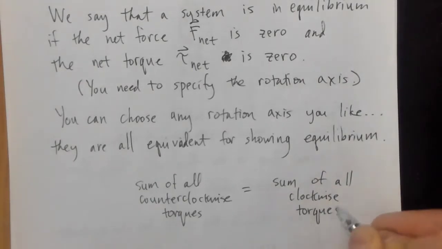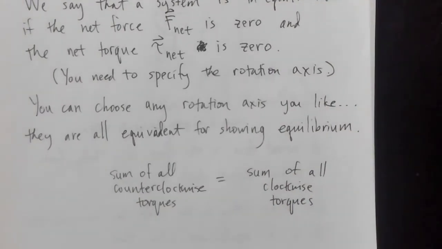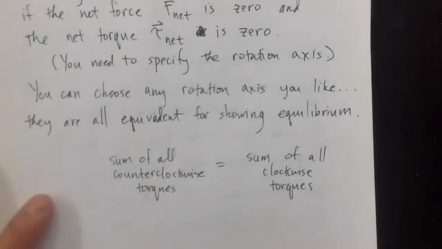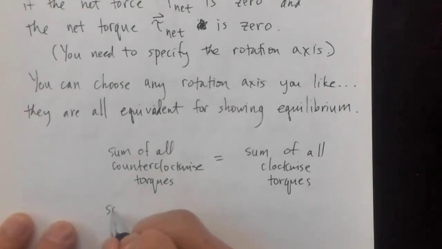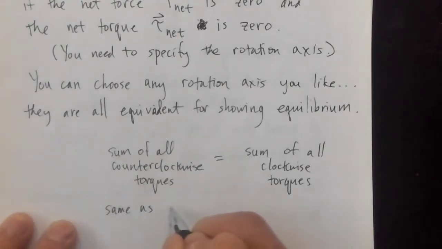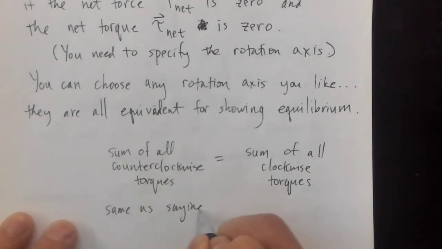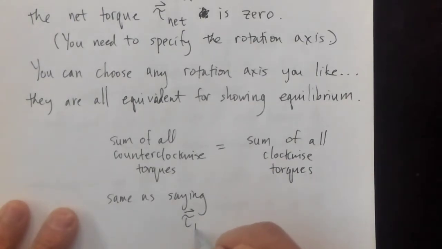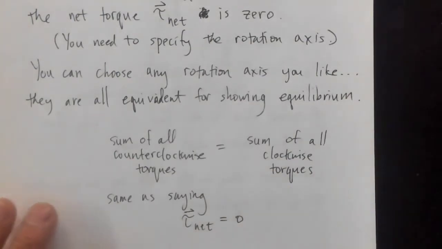That's one way to do it. Or you can just put plus signs for the counterclockwise and minus signs for the clockwise, and then they add up to zero. So this is equivalent to saying that the net torque as a vector is equal to zero.